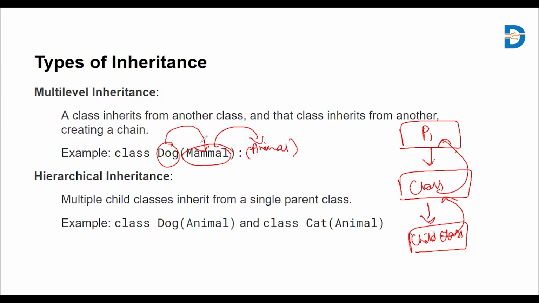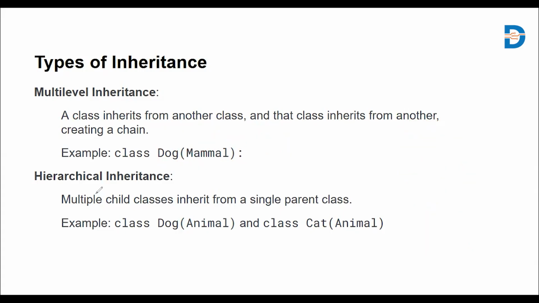So here we have three levels. Dog is inheriting the properties from mammal, and mammal is inheriting the properties from animal. It looks like levels. It creates a chain.